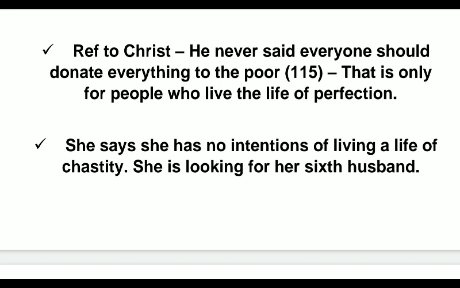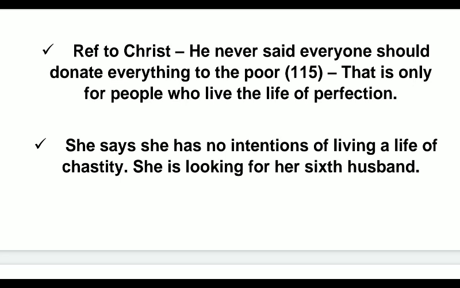Christ's lessons are only for people who will live that life of perfection, while she says that she has no intentions of living a life of chastity, because she is already married 5 times and looking for her 6th husband.